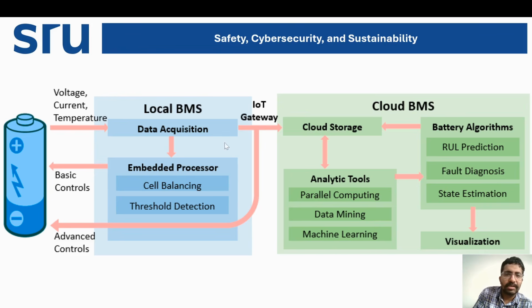Then functional safety and standards. The same things are shown here: local BMS, data acquisition, embedded processing and all, and cloud-based BMS, where cloud storage will be there, analytical tools, parallel computing, data mining, machine learning. So a lot of computer science related algorithms, hardware, servers, data centers, communication channels, battery algorithms, over the air monitoring, remaining useful life prediction, fault diagnostics.